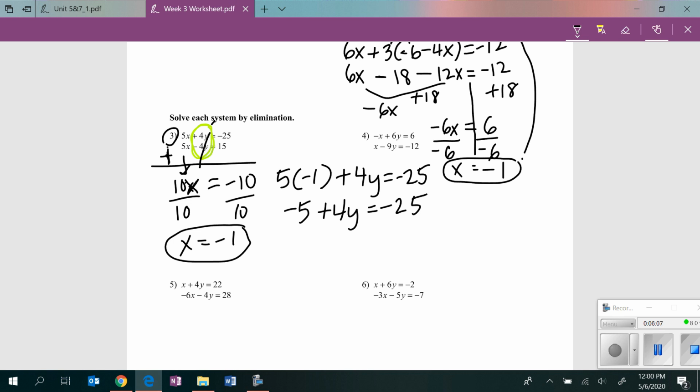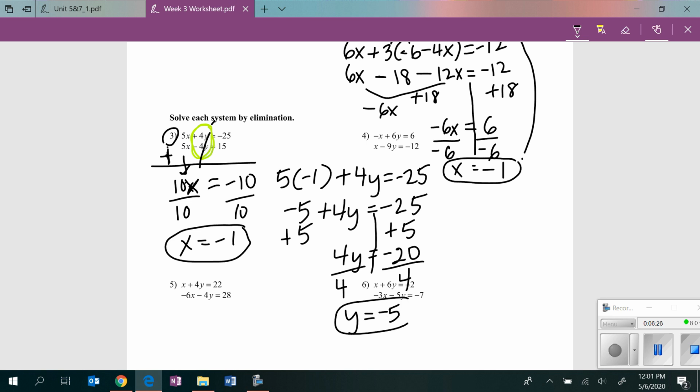Now I'm ready to carry over any numbers. I want to add this 5. Got 4y equals negative 20, and then divide by my 4. y equals negative 5 in this case.